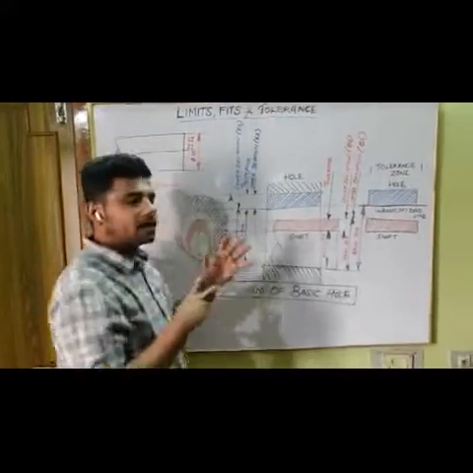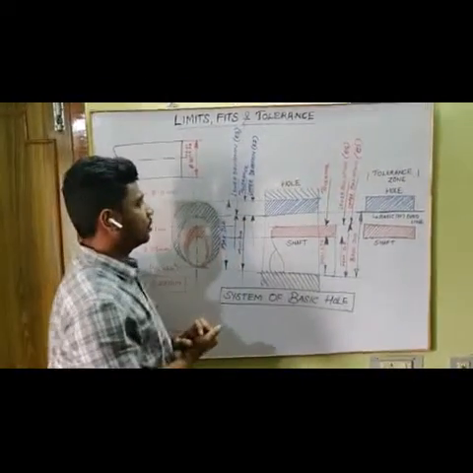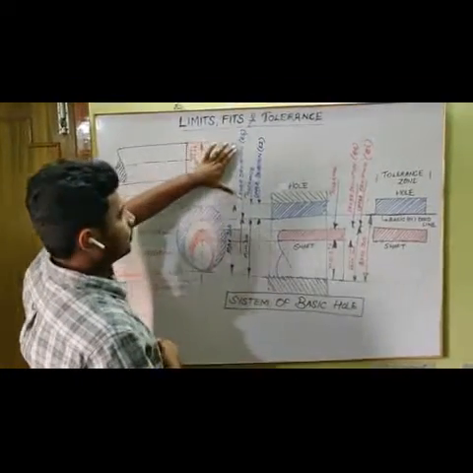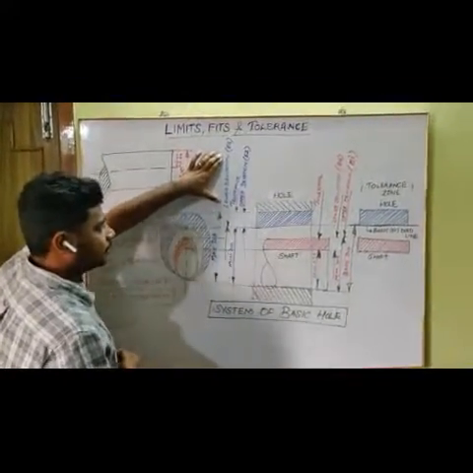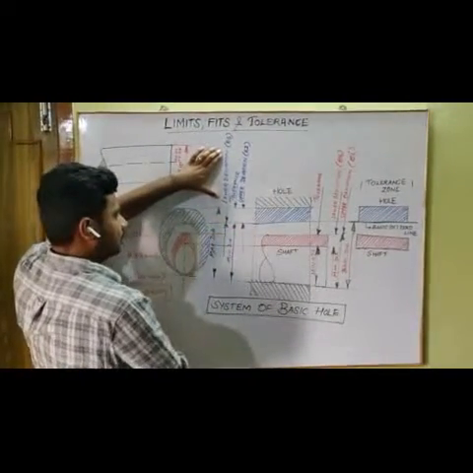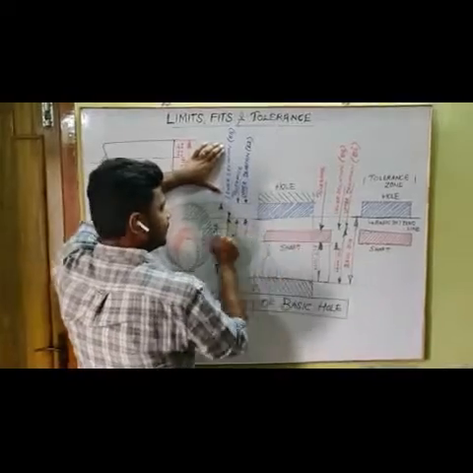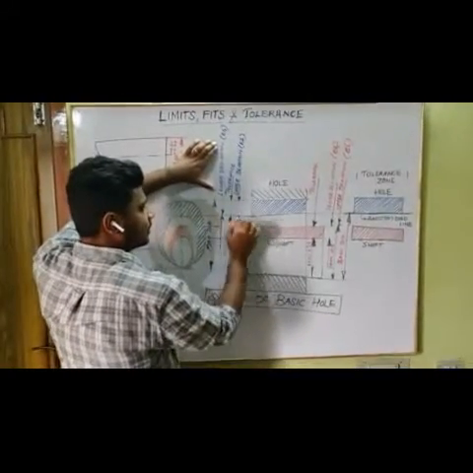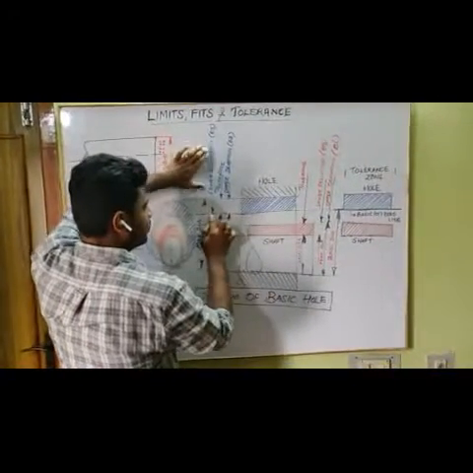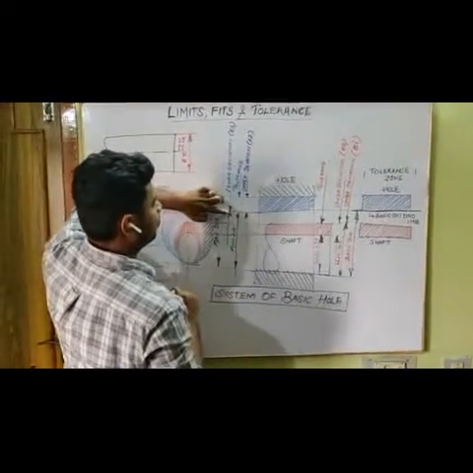So what do you mean by deviation, upper deviation and lower deviation, for both hole and shaft? The lower deviation is the difference, or the minimum distance, between your basic size and lower size. Here it is on the same line. The basic line is the same and the lower limit is also the same, so that's why we have the arrow mark here.